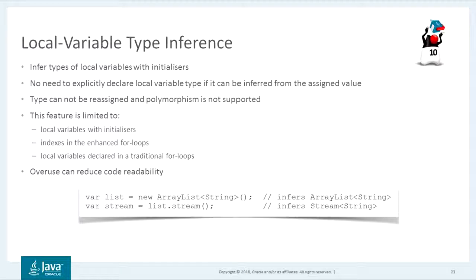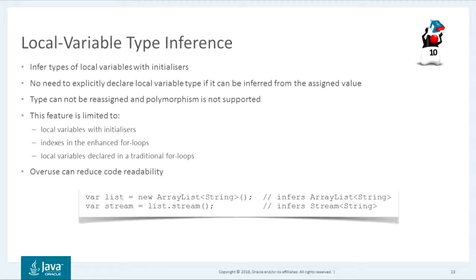Since version 10, not 9, a new feature called local type variable inference. Note the syntax. It kind of looks a bit like JavaScript probably, and in a way, just a little bit. You have this var, then a variable name, and then initialization, where you actually don't have a type.